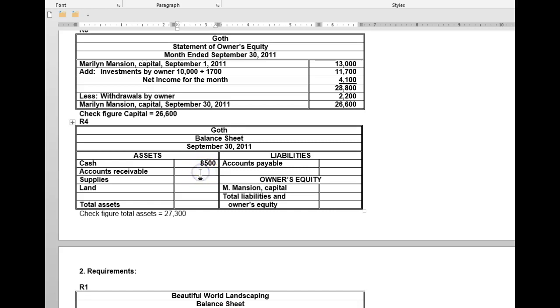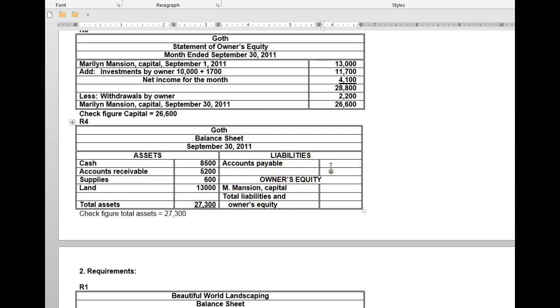Your accounts receivable should be $5,200. Your supplies should be $600. And your land should be $13,000. And your total assets should be $27,300.